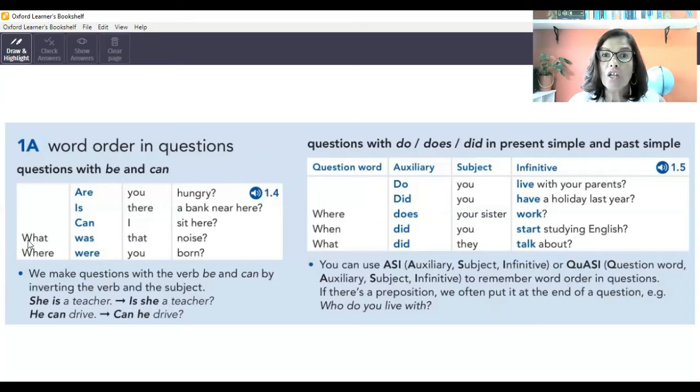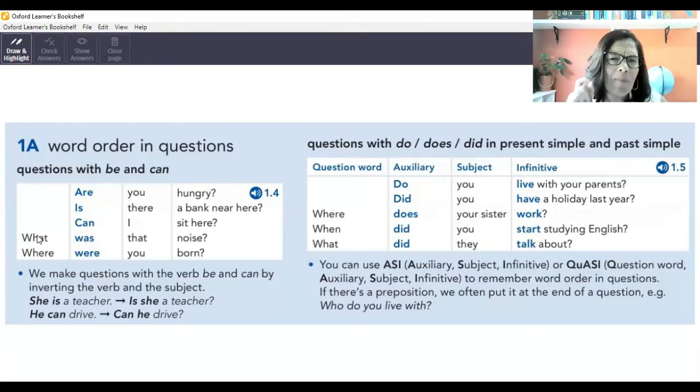And if it starts with a WH, then it is an information question. And you remember that is what I told you about the pronunciation. The intonation is different. Yes or no, rising intonation at the end. Information question, it goes up and then falling intonation at the end.